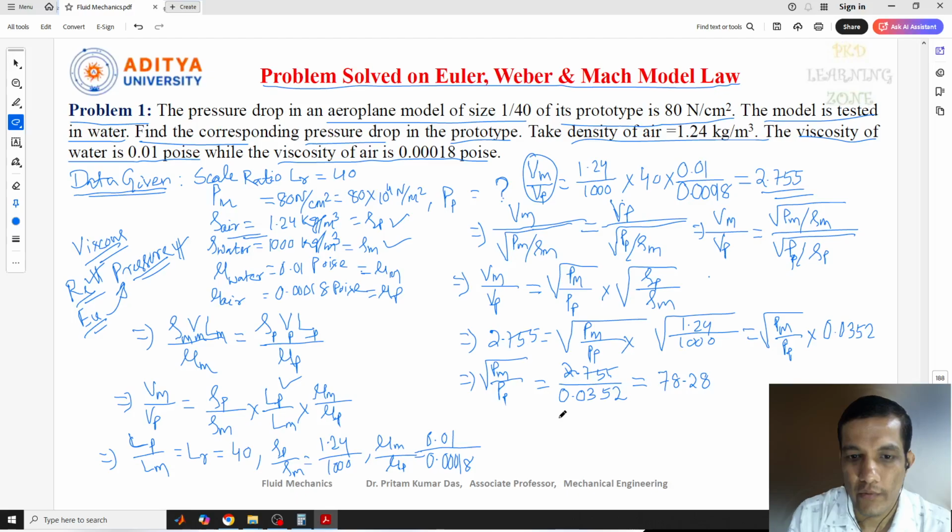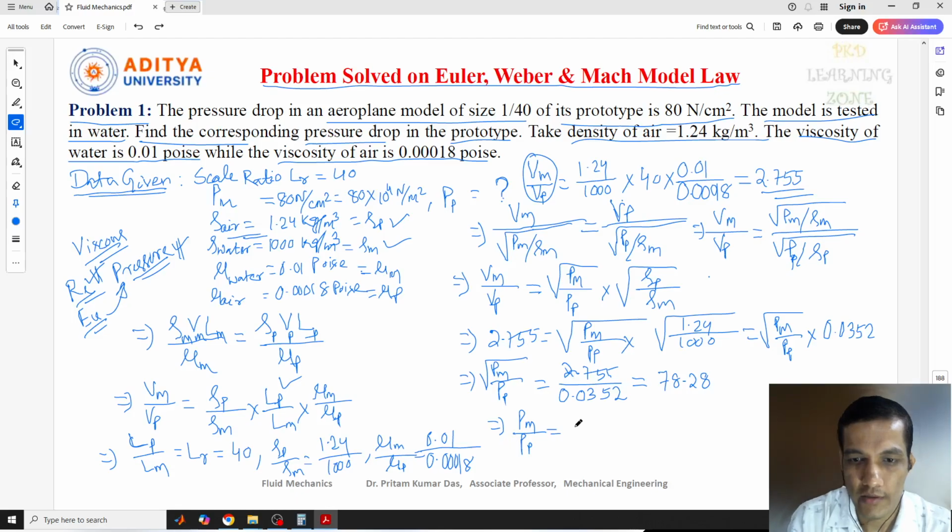Now again, we can write in this way, Pm divided by Pp. So that is, we'll write this is 78.28. Sorry, not root over. Because the square root is removed here, we can make it square here.